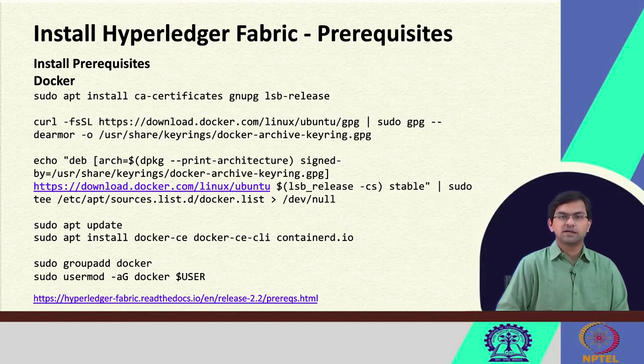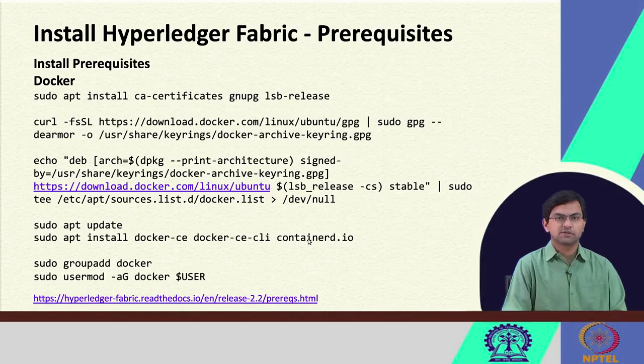For using Hyperledger Fabric, it is necessary that you install Docker and then apply these two post installation steps of adding the group called docker and adding your own user to this docker group. If you want to install Docker for other platforms, you have to go to this particular link and you will find the installation instructions for Windows and Mac OS there. So let us see how we can install Docker.